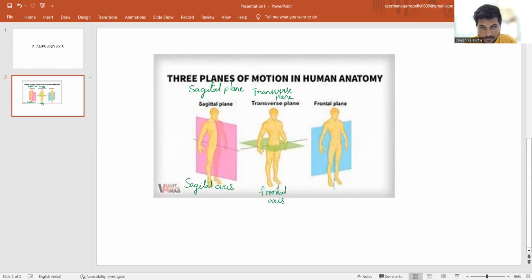Okay. Next is frontal plane and vertical axis.